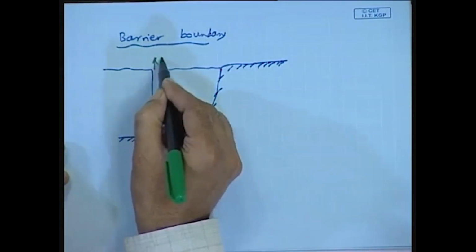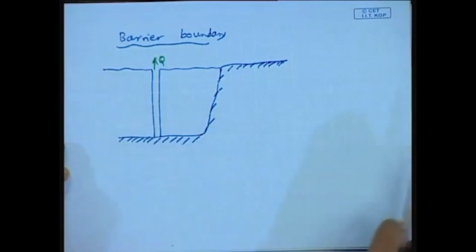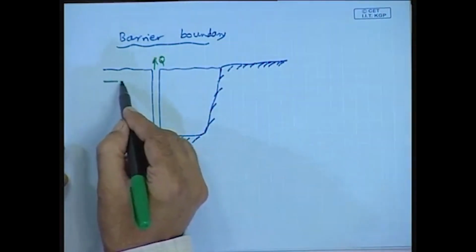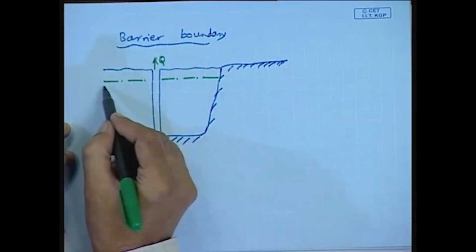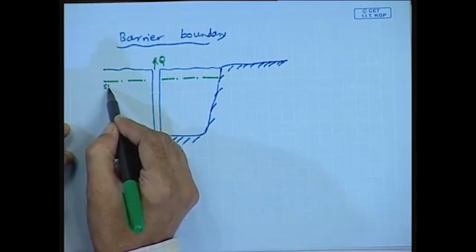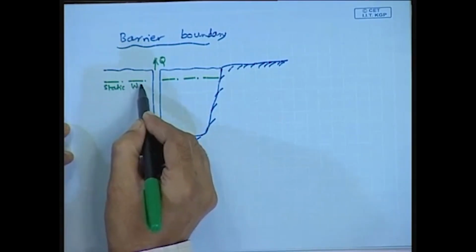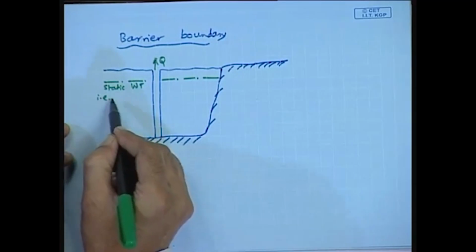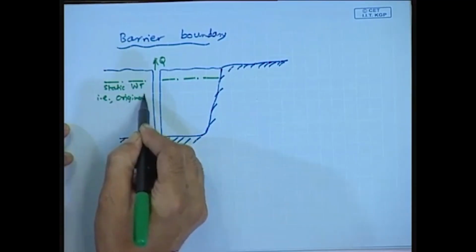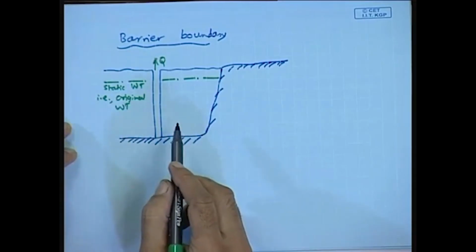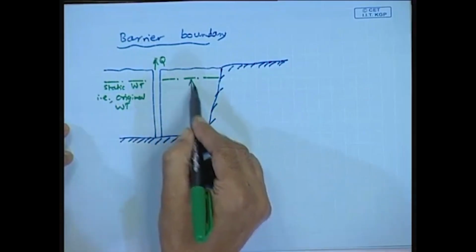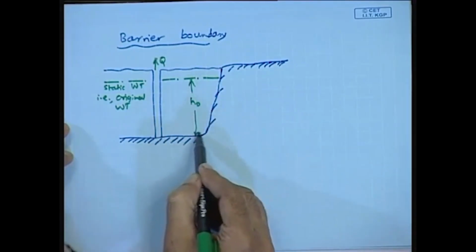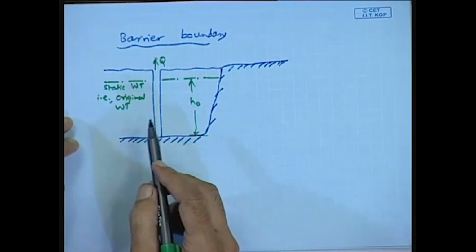So, this is Q from this discharging well, and then this is the static water table, that is, the original water table, and let us consider this height as h0 from the impervious boundary.